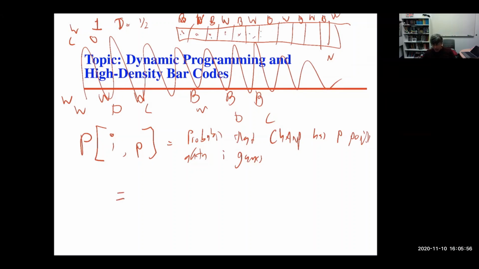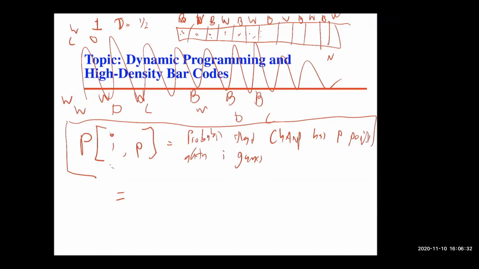Now, is there a recurrence relation that you can give me? Again, I defined my function in English. Can you give me a recurrence relation to tell me the probability that I'm going to have P points after my ith game? Let's first forget about whether the games are white or black. Can anybody give me a recurrence relation for this?